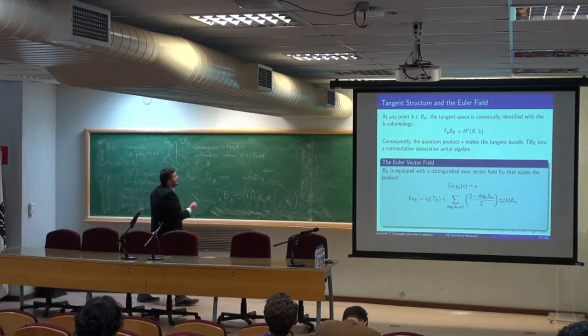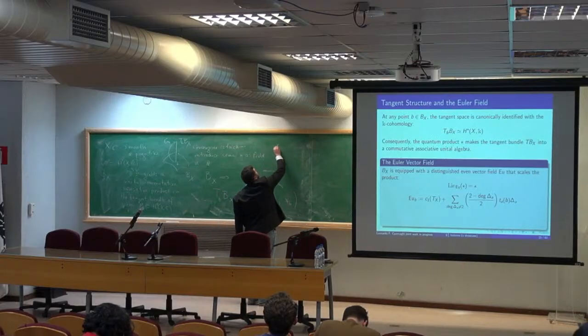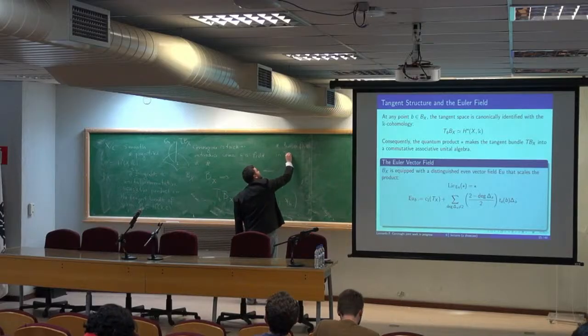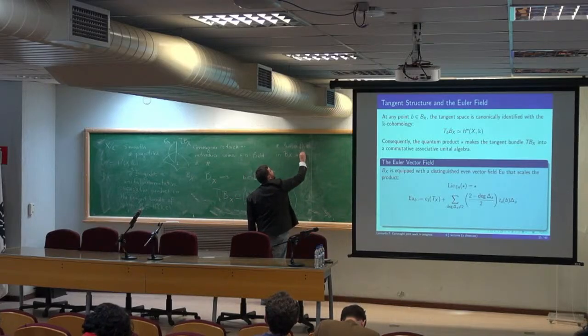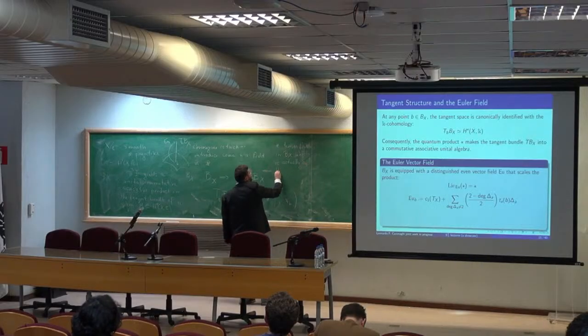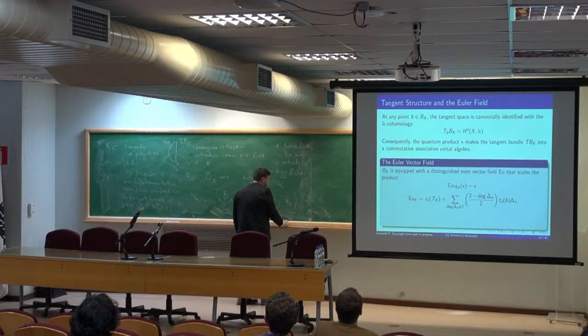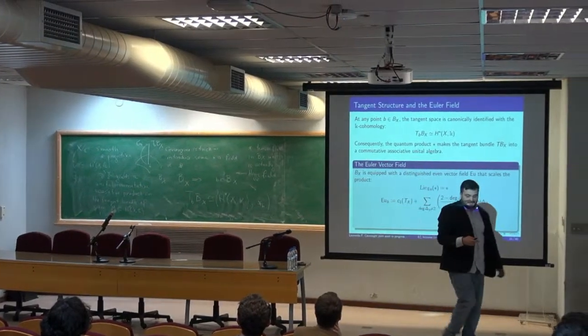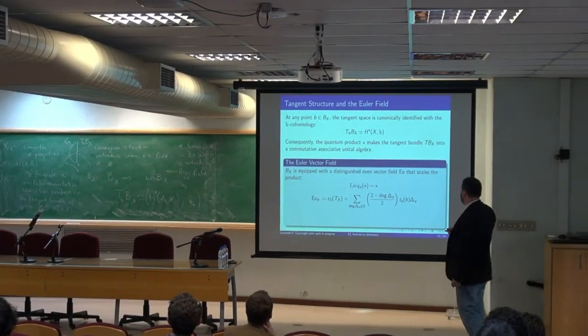And the quantum multiplication can actually be seen as some tensor field in Dx, which is actually a Higgs field. We generically don't use the practices of Higgs fields, and definitely not in this talk.